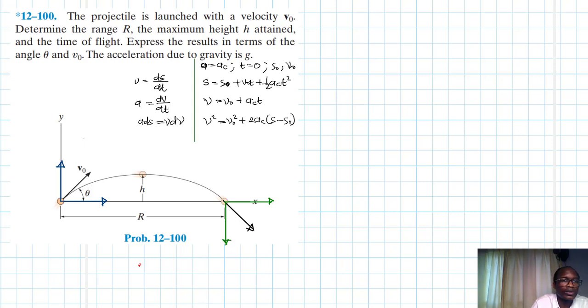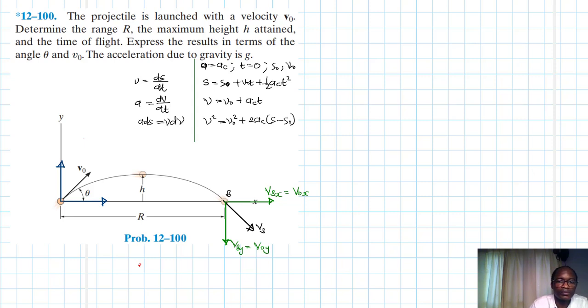At this point here, it has some velocity. Let's call this point B. We call this v_B, and then v_Bx will be equal to v naught x. Then v_By will be equal to v naught y, because they are at the same level, so we expect the same result.